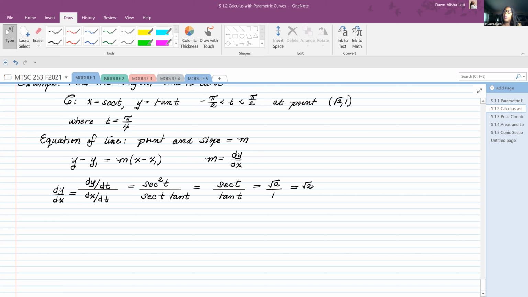We found its slope. Therefore I get y minus y1, which is 1, is equal to m, which is the square root of 2, times x minus the square root of 2. So I get y minus 1 is equal to the square root of 2 times x minus 2. So therefore y is the square root of 2 times x plus 1.